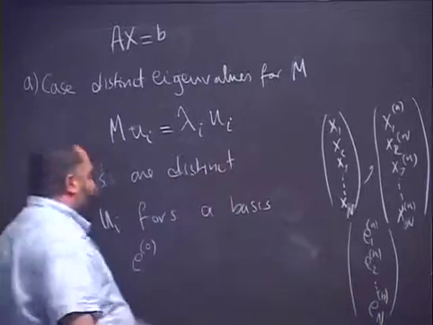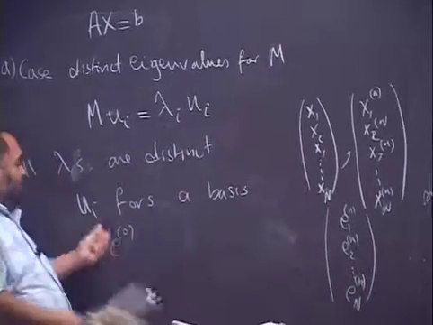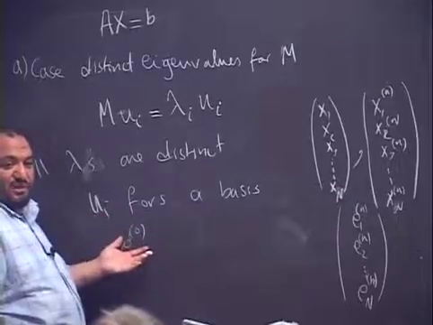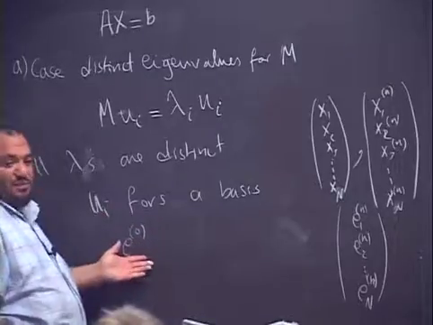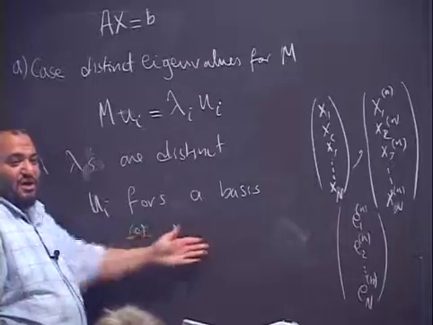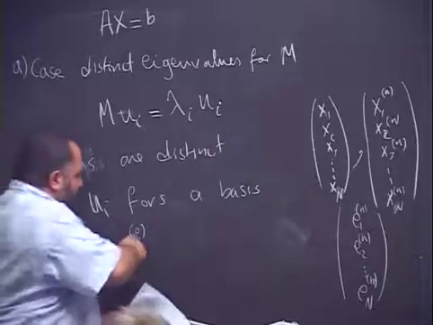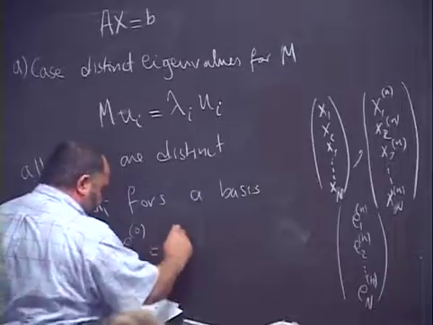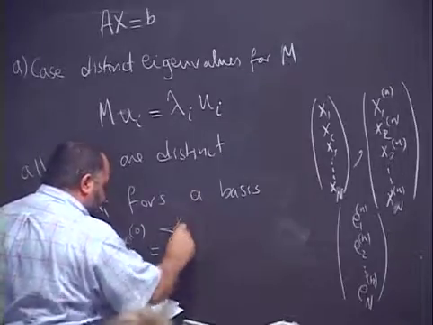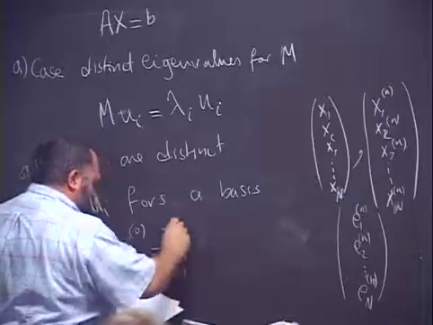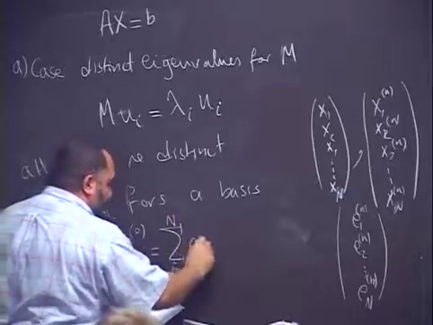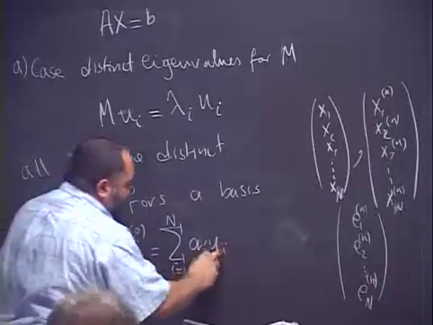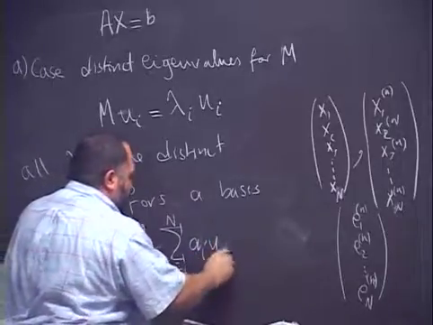So this vector, I can write it now in terms of the basis. Yes, it's a vector in the linear vector space. I can write it as a linear combination of the eigenvectors. So e0 will be just equal to the summation from i equal to 1 to N of ai Ui.